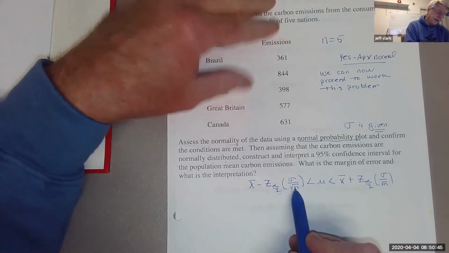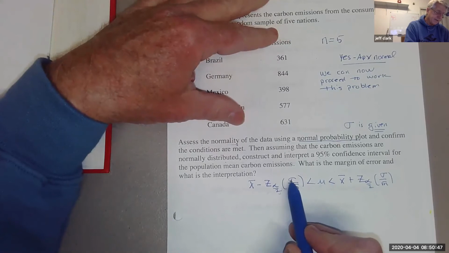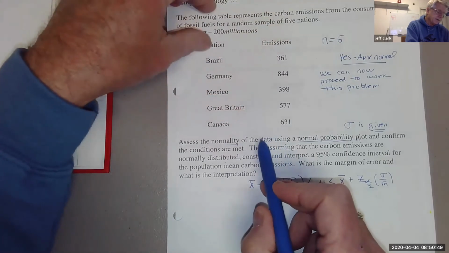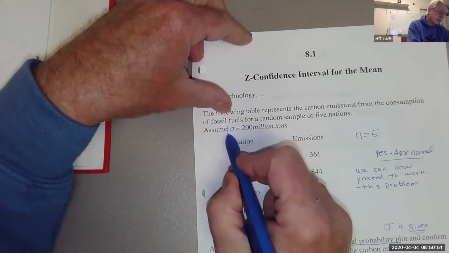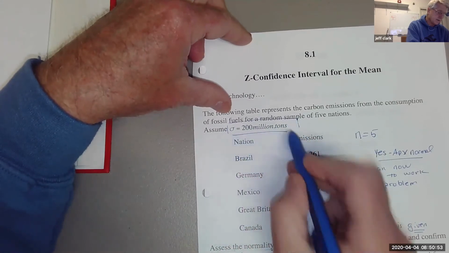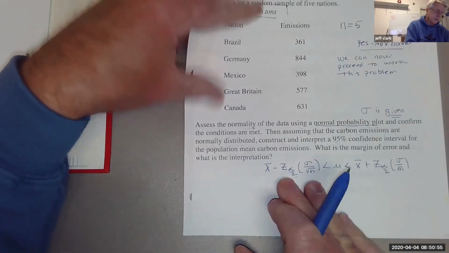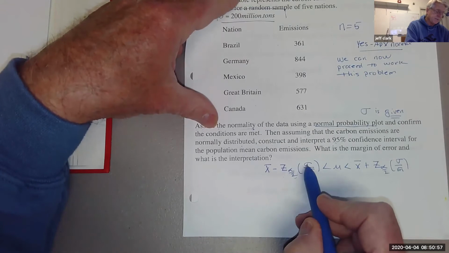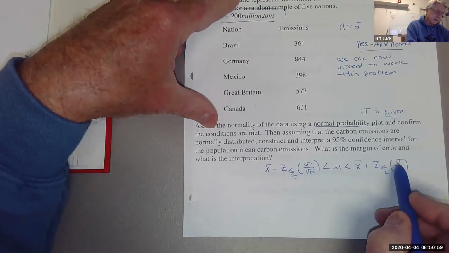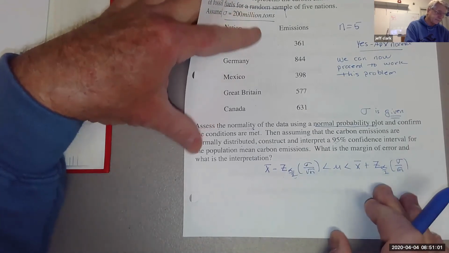You know n is 5. Do we know sigma? Did they tell you sigma? There it is. So you'd put in 200, and then you'd work it out by hand.